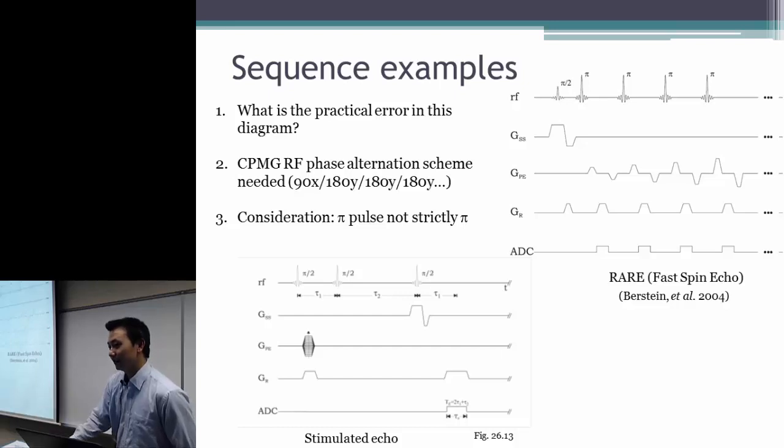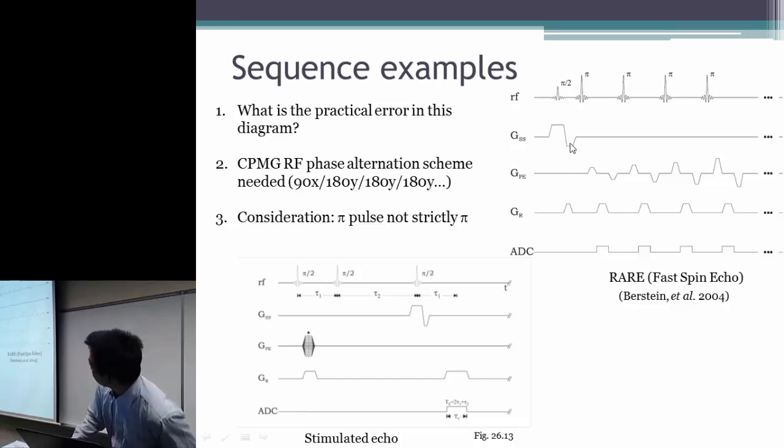You have a thought? I think the 5 volts is falling exactly after the slice. Which one? You mean this one? Should be an overlap. Yeah, I think it's okay. It's probably not that obvious. So let's say they are not overlapped.